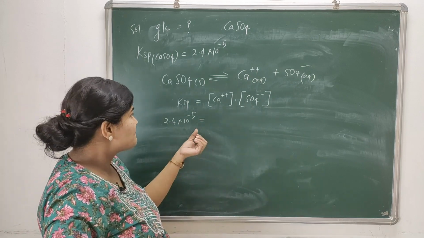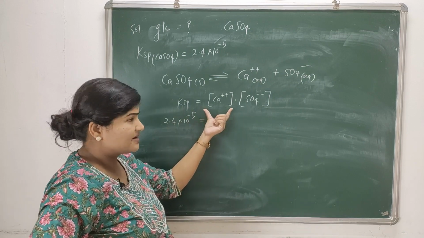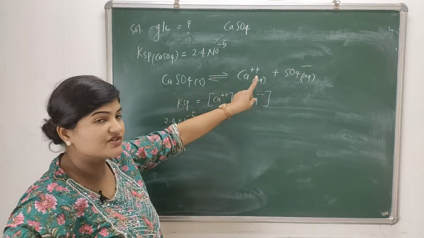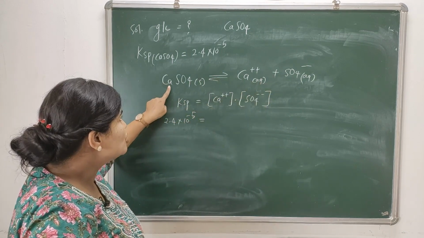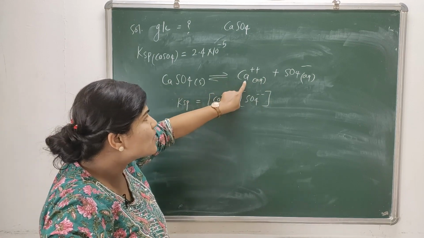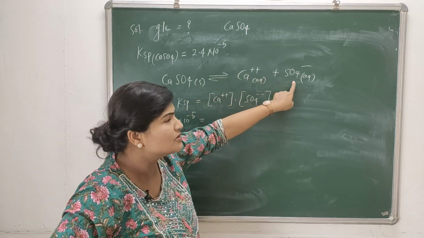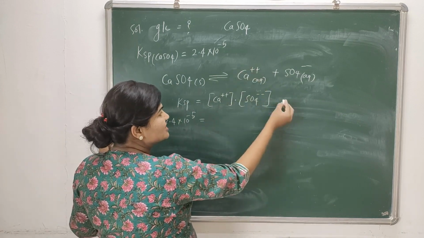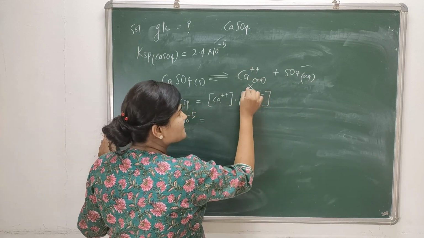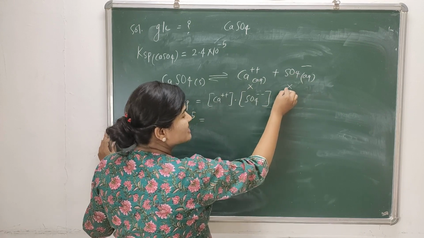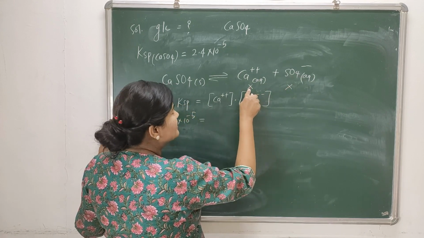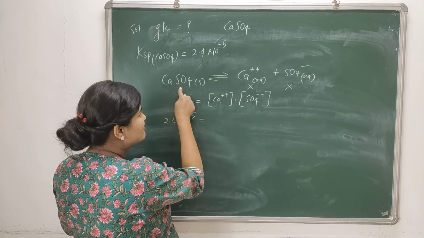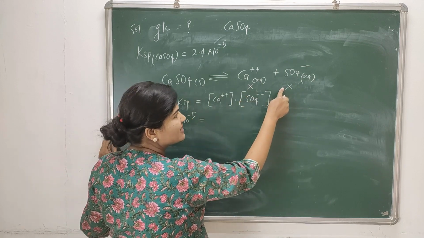Now in the calcium sulfate equation, you just observe, 1 mole of calcium sulfate is giving 1 mole of calcium ions and 1 mole of sulfate ions. So if I consider that the concentration of calcium ions is X and the concentration of sulfate ions is X, then my calcium sulfate Ksp is going to be X square, right?